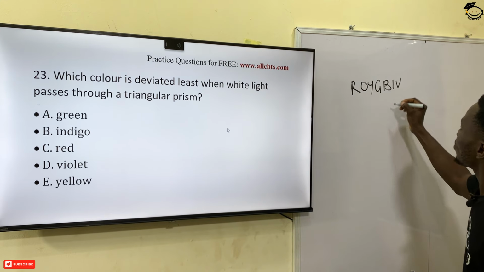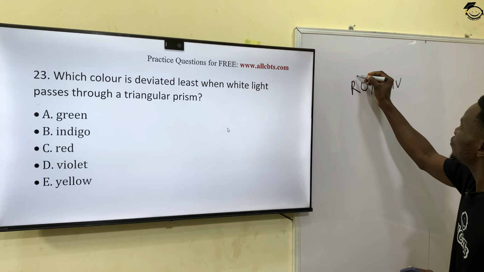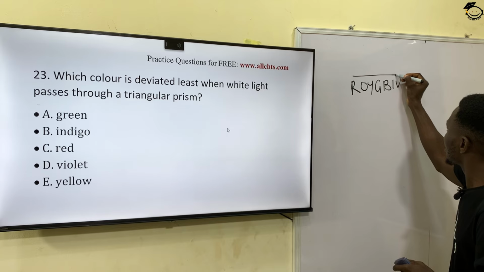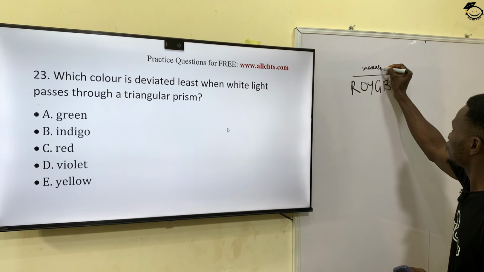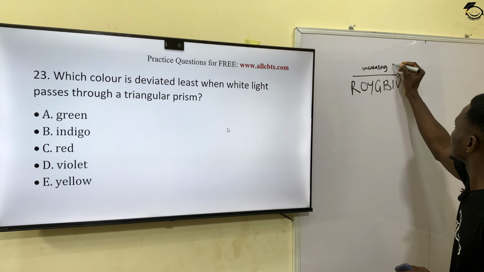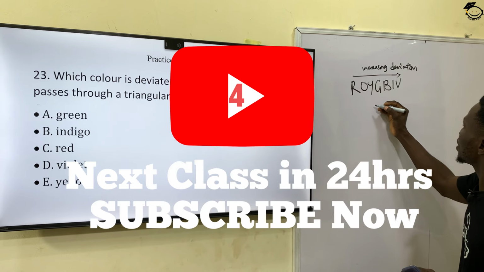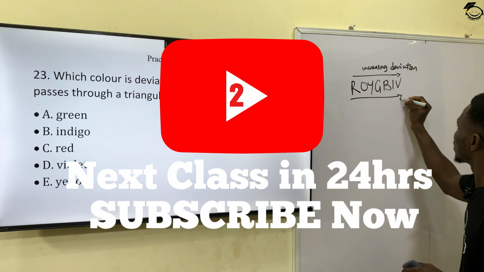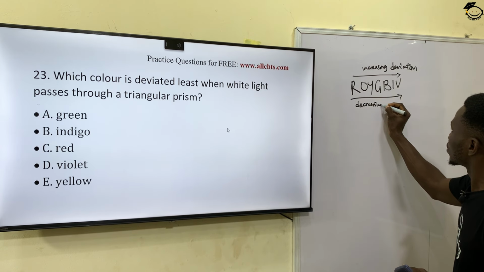And this format is arranged in order of deviation. So this is in increasing deviation. And also here we have decreasing wavelength.